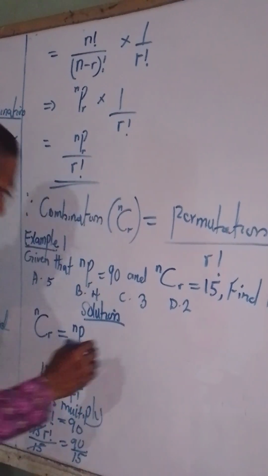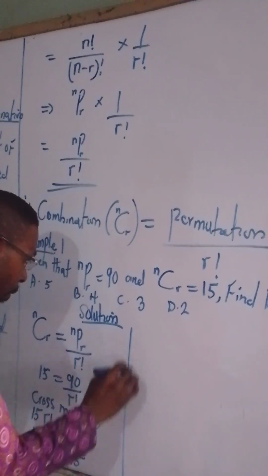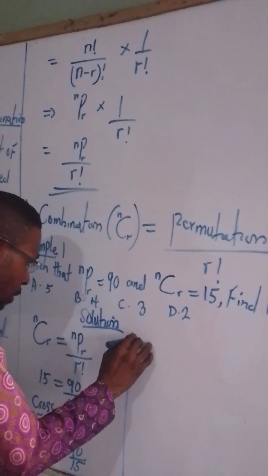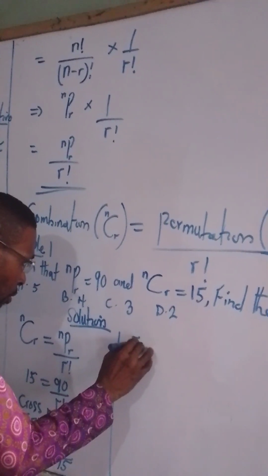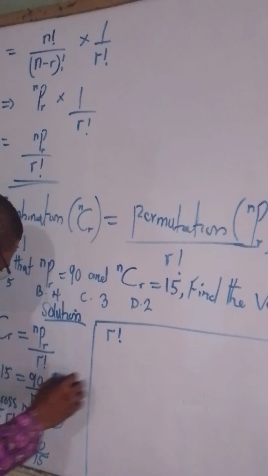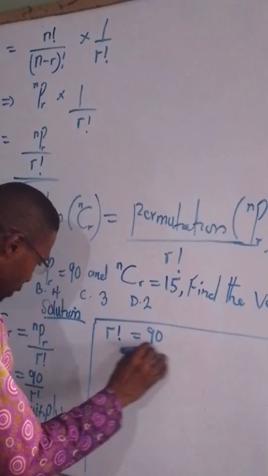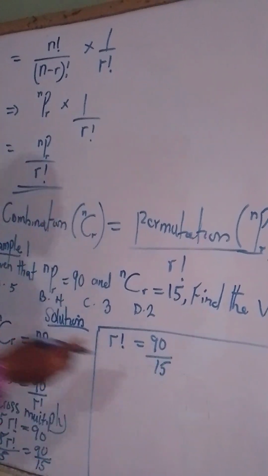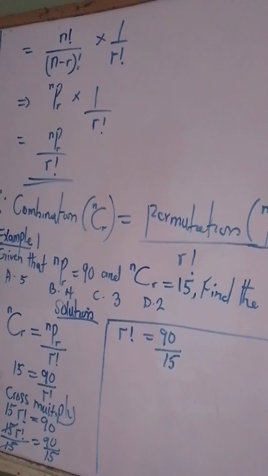Are you with me? Then we have r factorial is equal to 90 divided by 15.